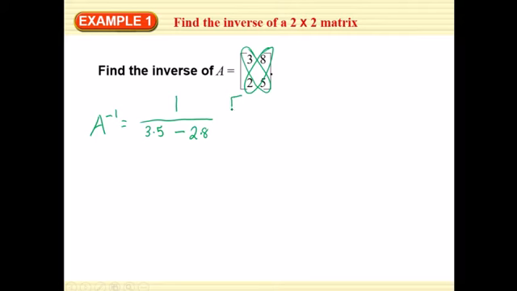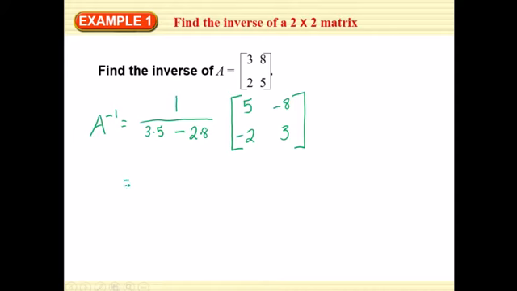Then I jumble up my matrix: I swap 5 and 3, so 5 ends up in the top left and 3 in the bottom right, and I negate negative 8 and make that a negative 2.